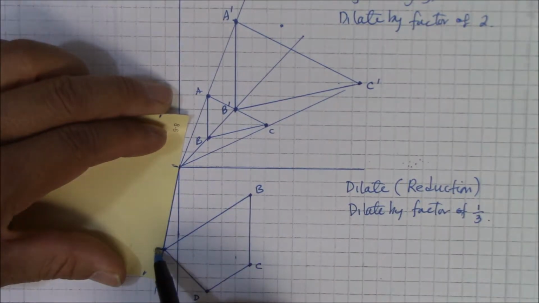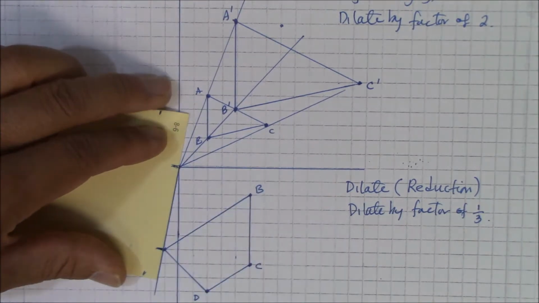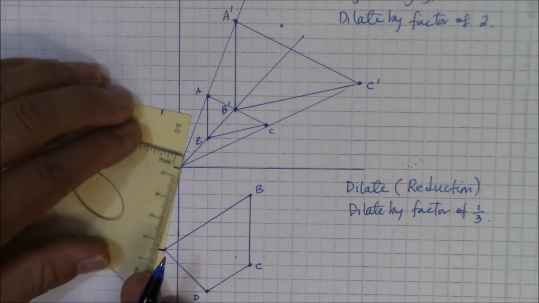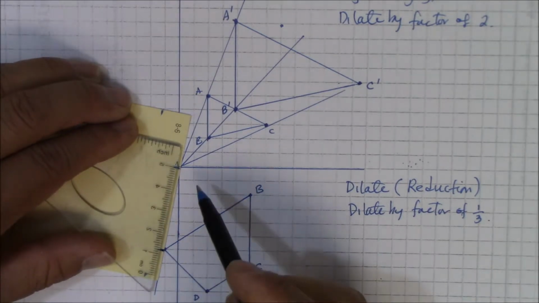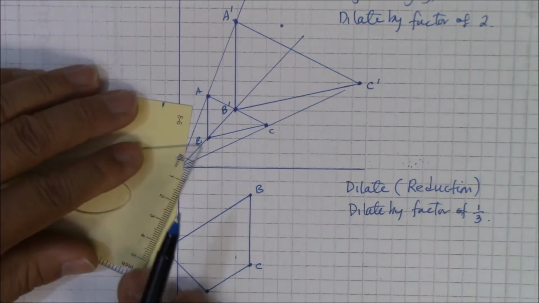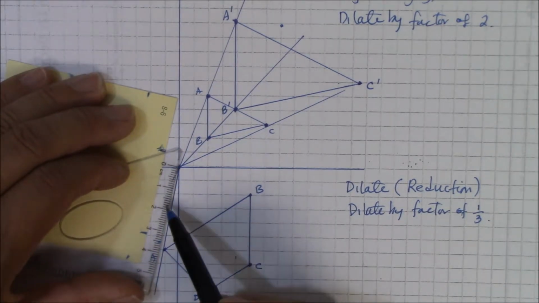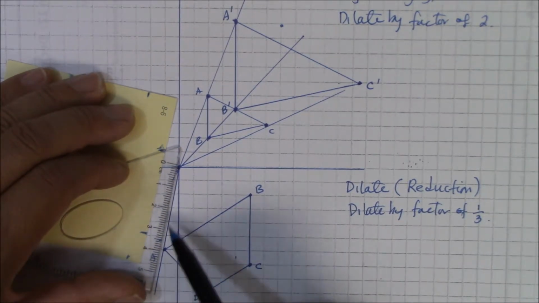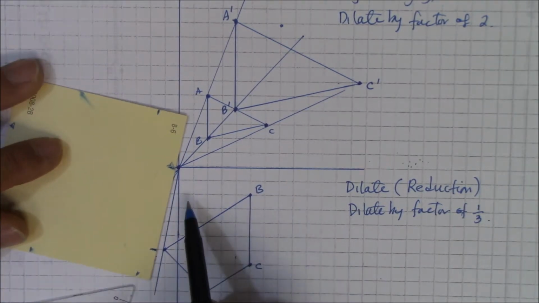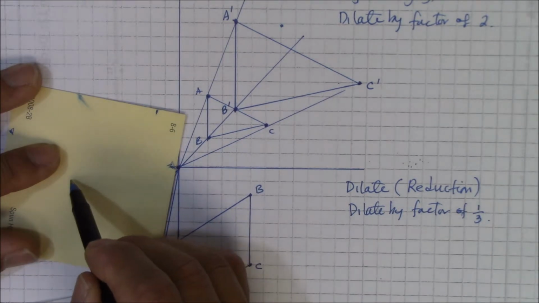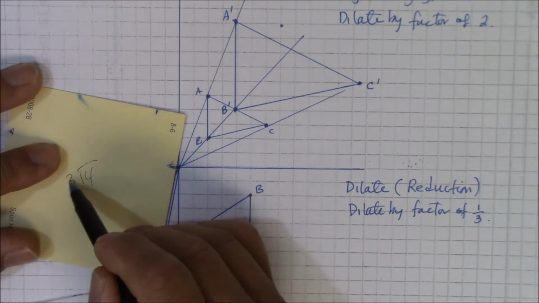Now, this is a little difficult. If I had a ruler, like right here, and I were to measure it, this is almost 1, 2, 3, 4. But we have to break this up into thirds because it's 1/3. So what's 4 divided by 3?